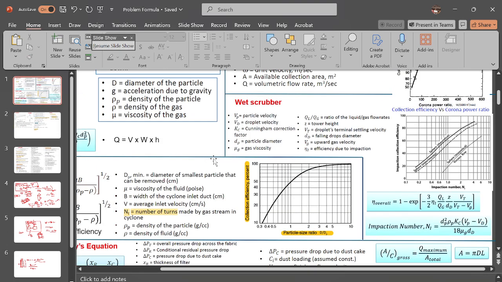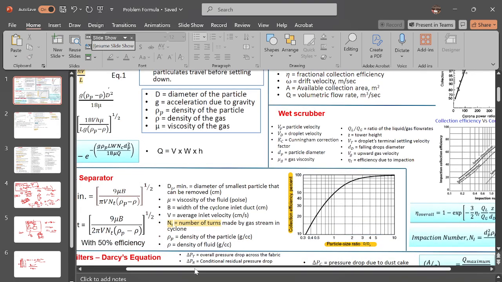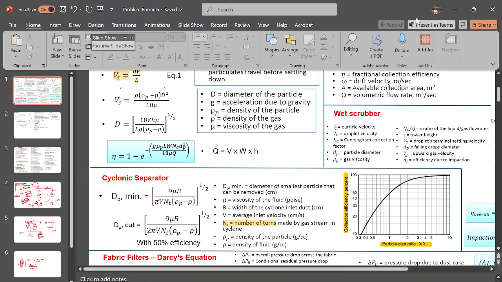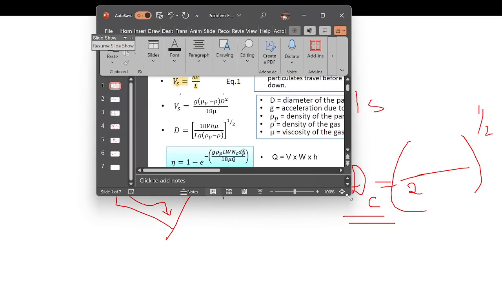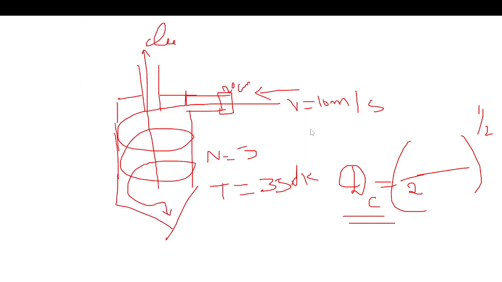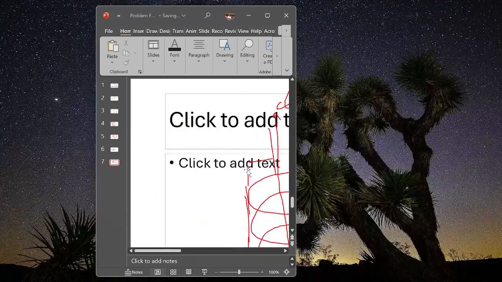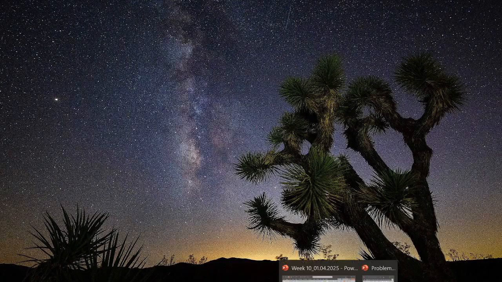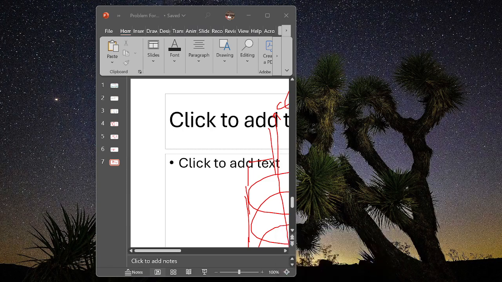So in the first page itself, I have given the formula for a cyclone separator. It is 9 into mu. I will directly solve with this formula sheet.